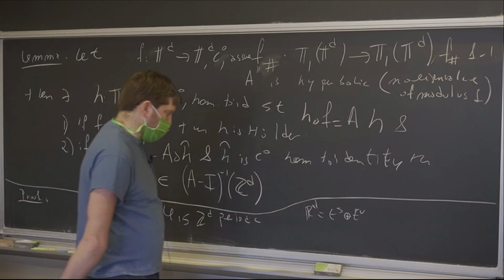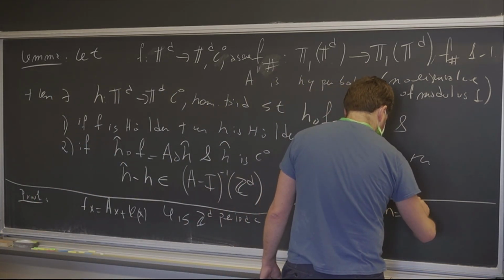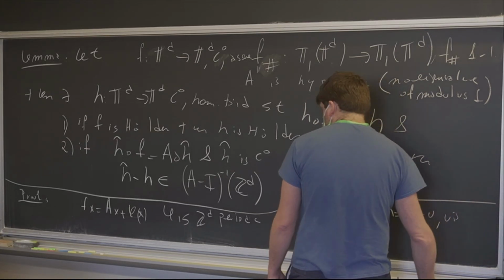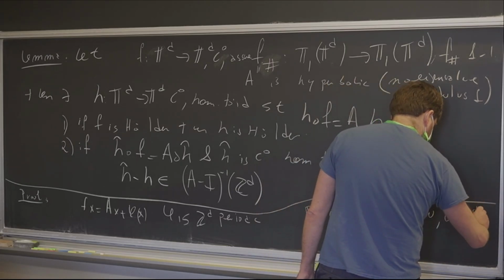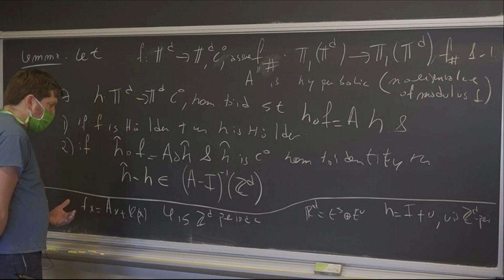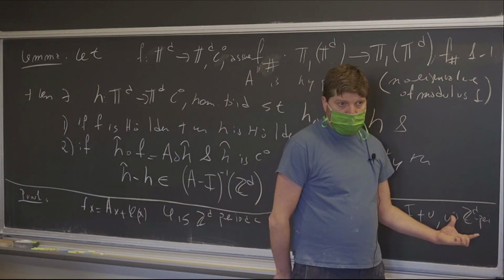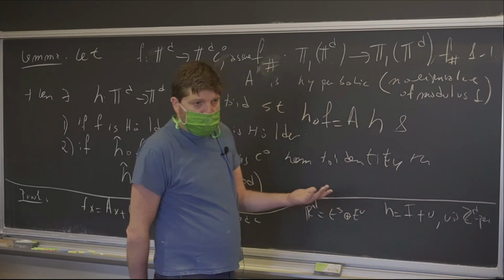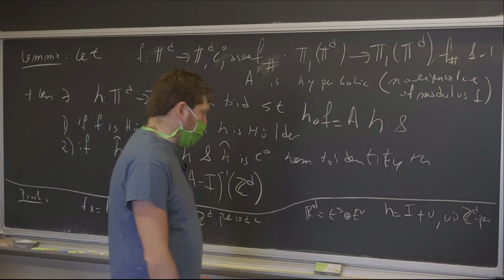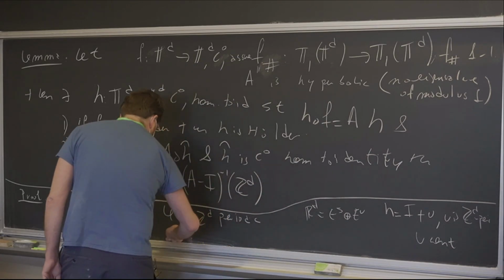And then we look for h as identity plus u, where u is Z^d periodic. Typically Hartman-Grobman will ask only u to be bounded and continuous. We are asking it to be also Z^d periodic. That's the only difference between the standard Hartman-Grobman and this, and of course u continuous, and here also u continuous, f continuous.